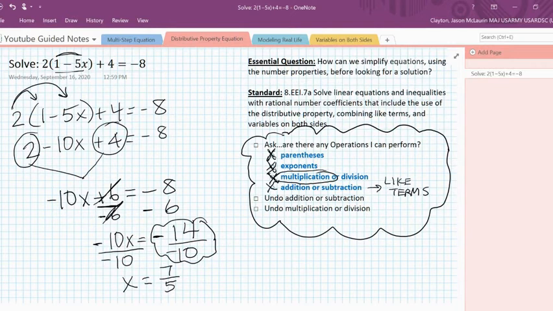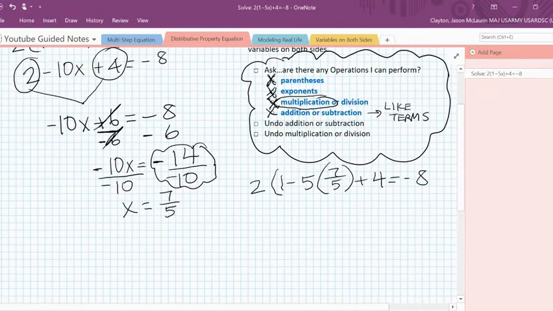So now I go back to the original equation and I want to check. Here I have 2(1 - 5 times 7 over 5) + 4 = -8, where 7 over 5 was my x. Here, inside my grouping symbol, order of operations, I want to simplify what's in the parentheses first. So I have 5 times 7 over 5.